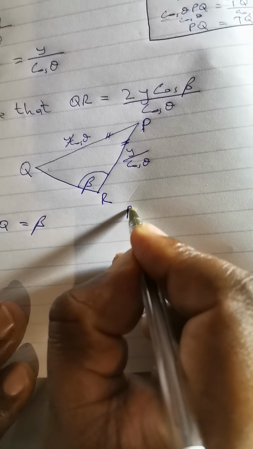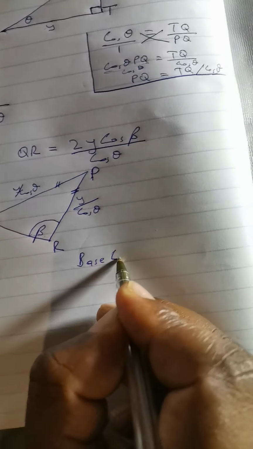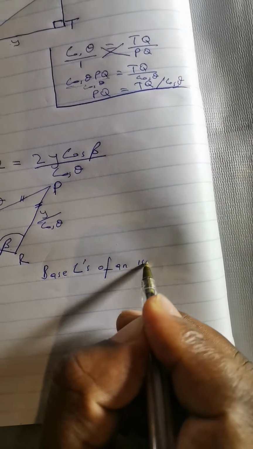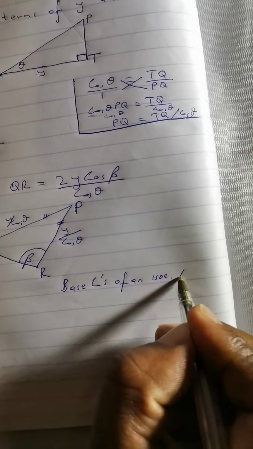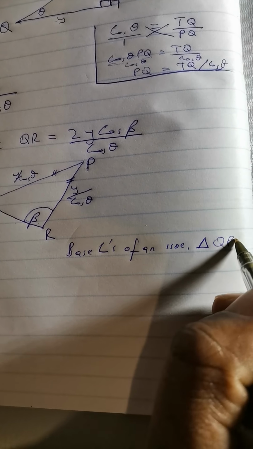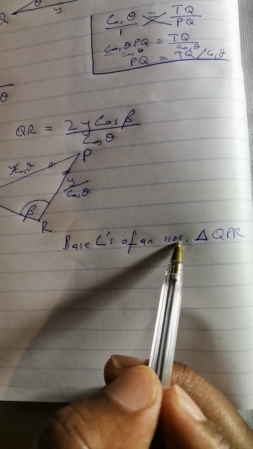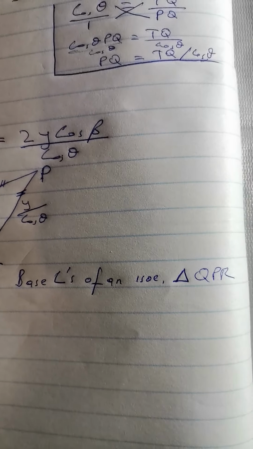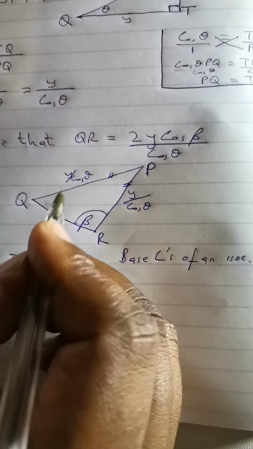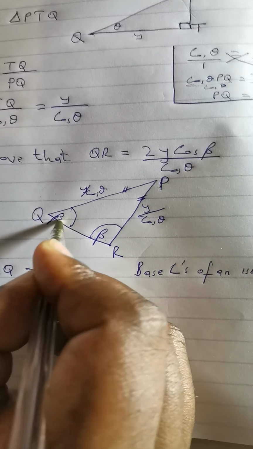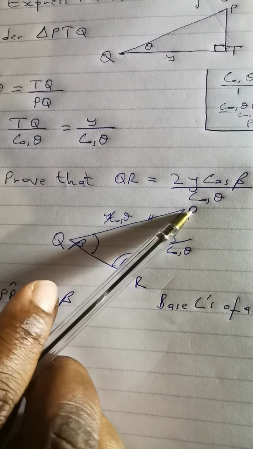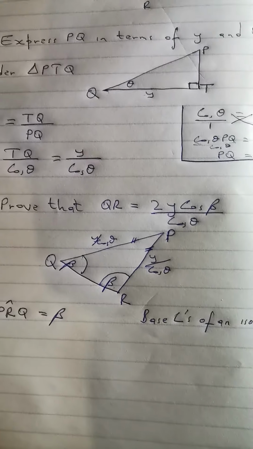So we can simply say base angles of an isosceles triangle, with triangle QPR. So base angles of an isosceles triangle QPR, right? So that means angle RPQ is beta also. So this angle here is also beta. We can say that because line PQ is equal to line PR, right?